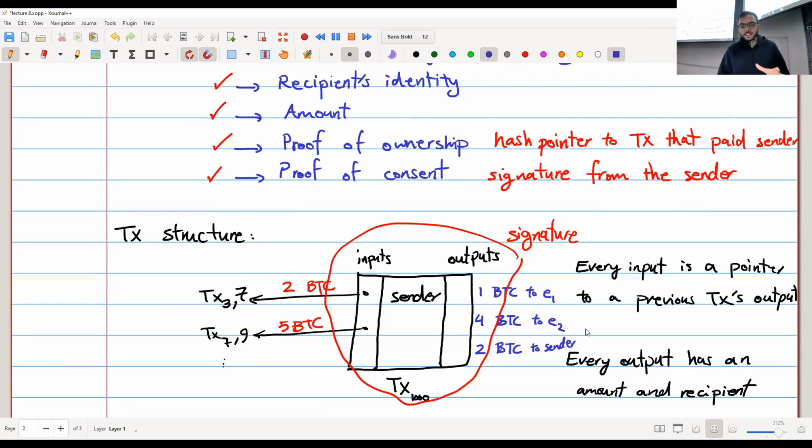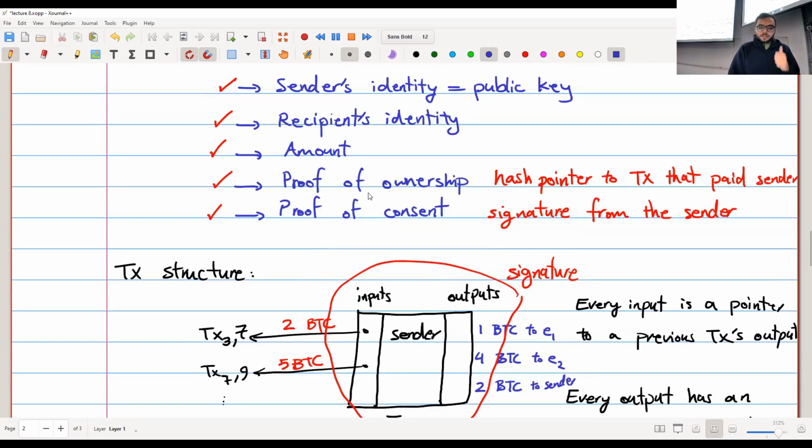So you really need a signature on the entire thing. A signature that says exactly this transaction that you're seeing, with all of its details, everything is approved by this sender. Okay? So that's the proof of consent.